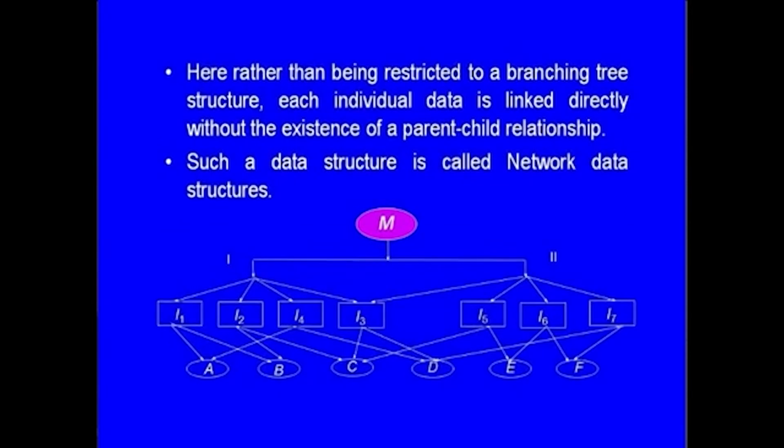Rather than being restricted to a branching tree structure, each individual data is linked without the existence of a parent to child relationship. Such a data structure is called the network data structure.